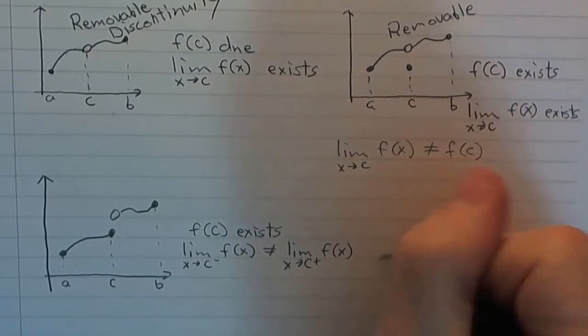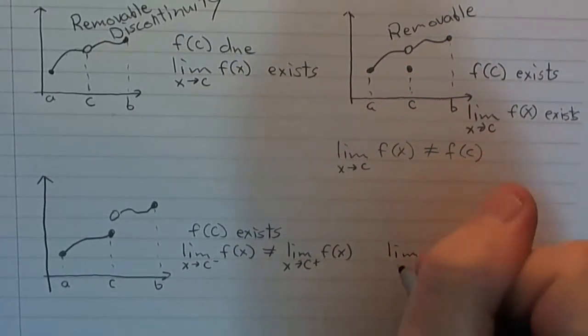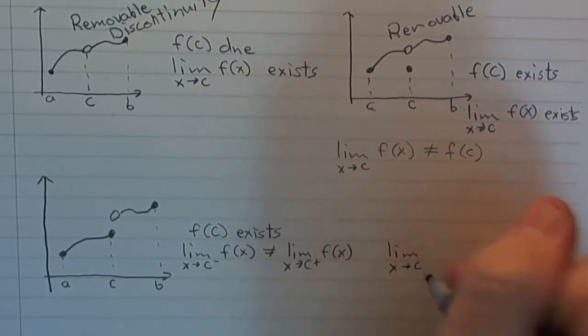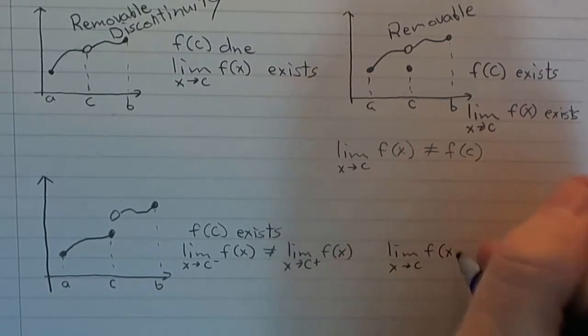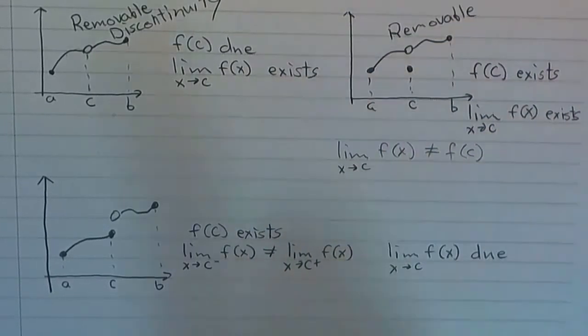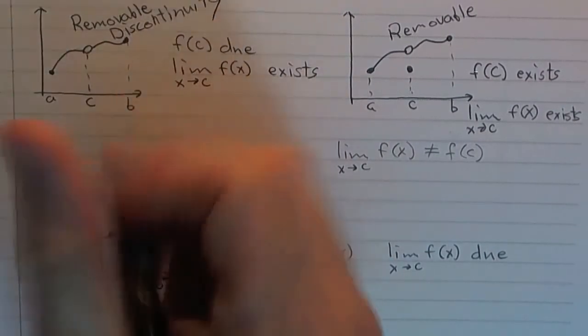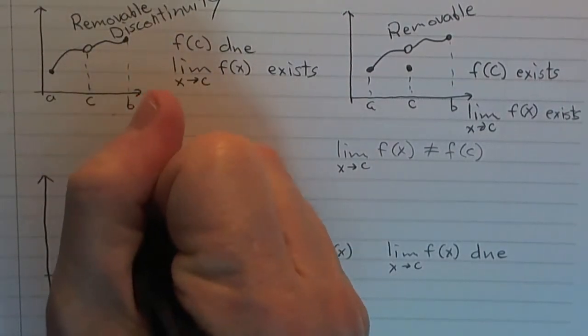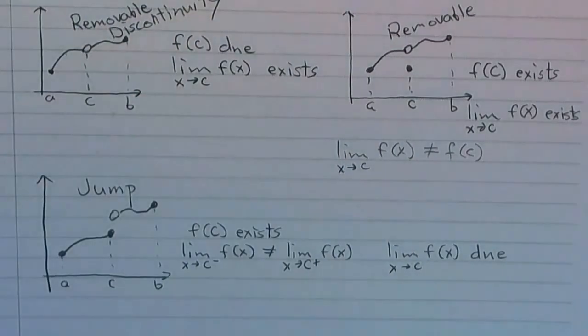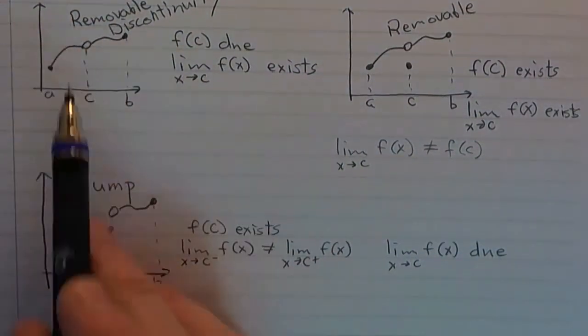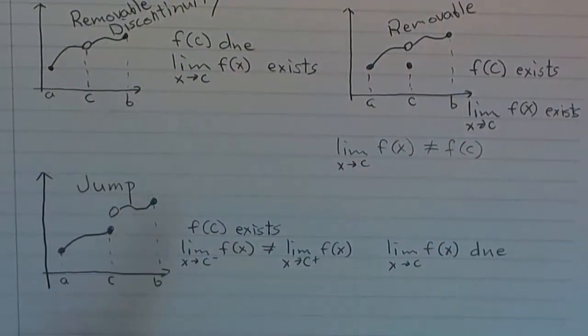Therefore, the limit itself does not exist. So here we have a situation where we have a discontinuity, and this is called a jump discontinuity. Okay, so we have removable discontinuities and we have a jump discontinuity.